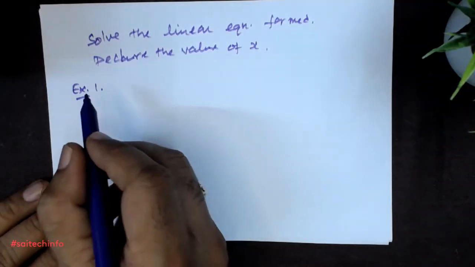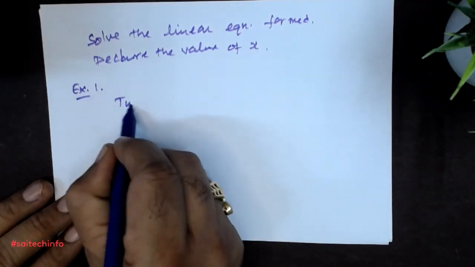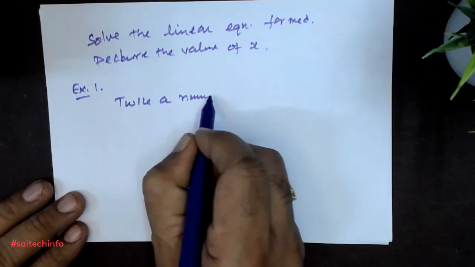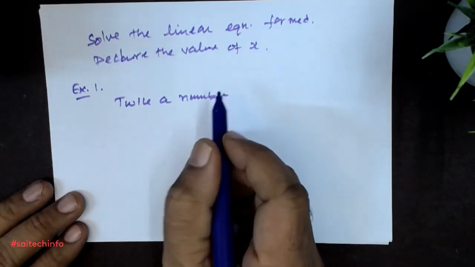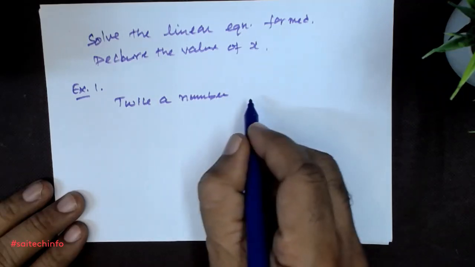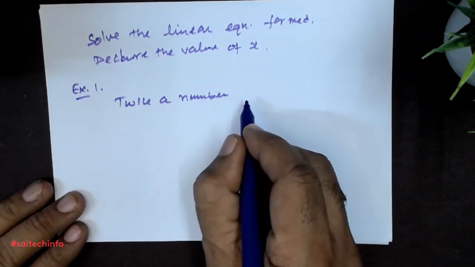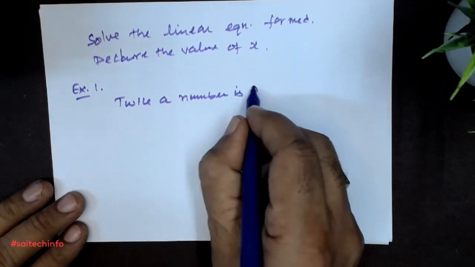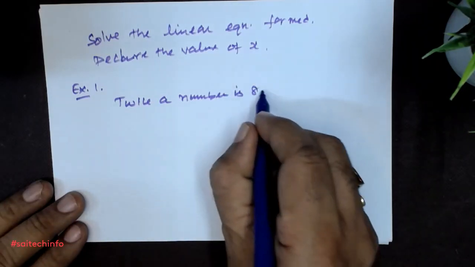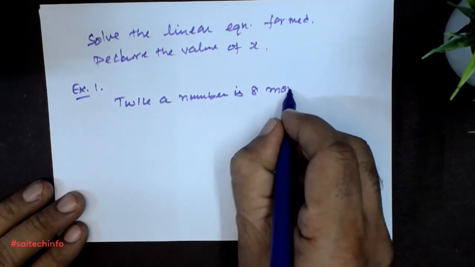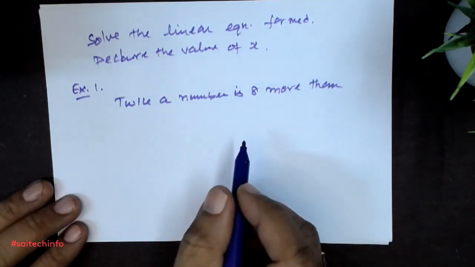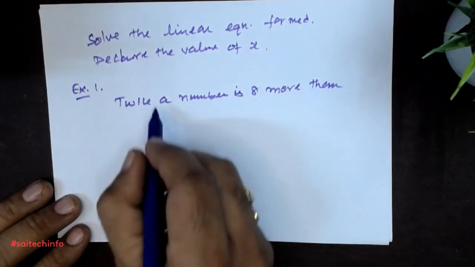Twice a number is 8 more than twice a number, twice of a number.